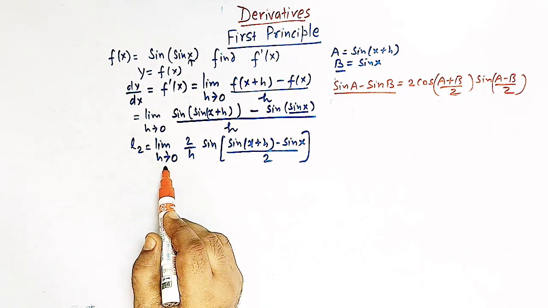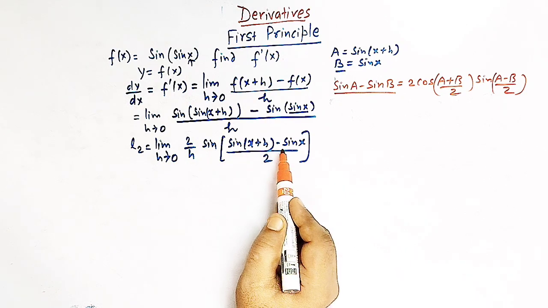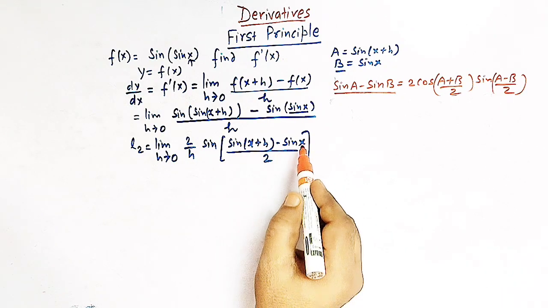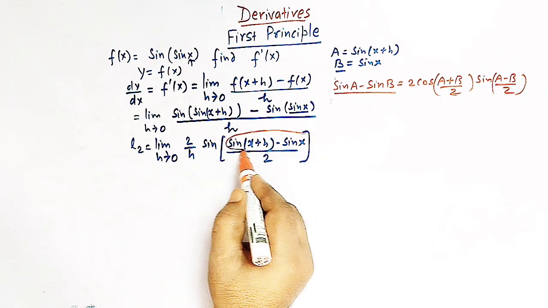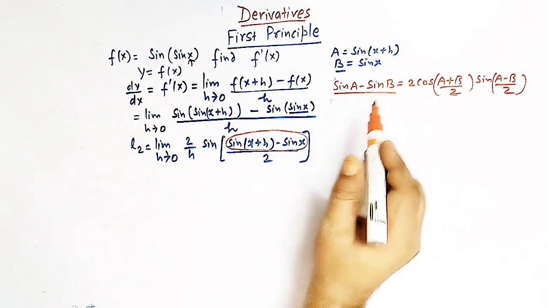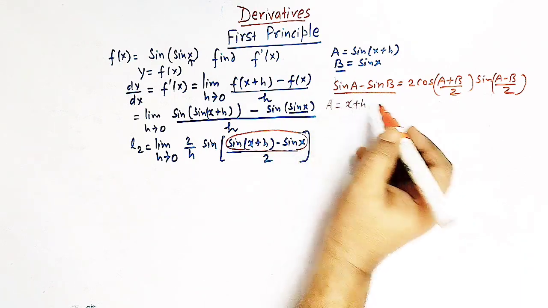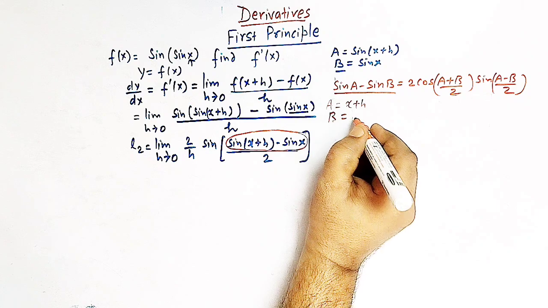So we have limit h tends to 0, 2 over h times sine x plus h minus sine x over 2. Now to simplify this term, we'll again make use of this identity, taking a as x plus h and b as x.